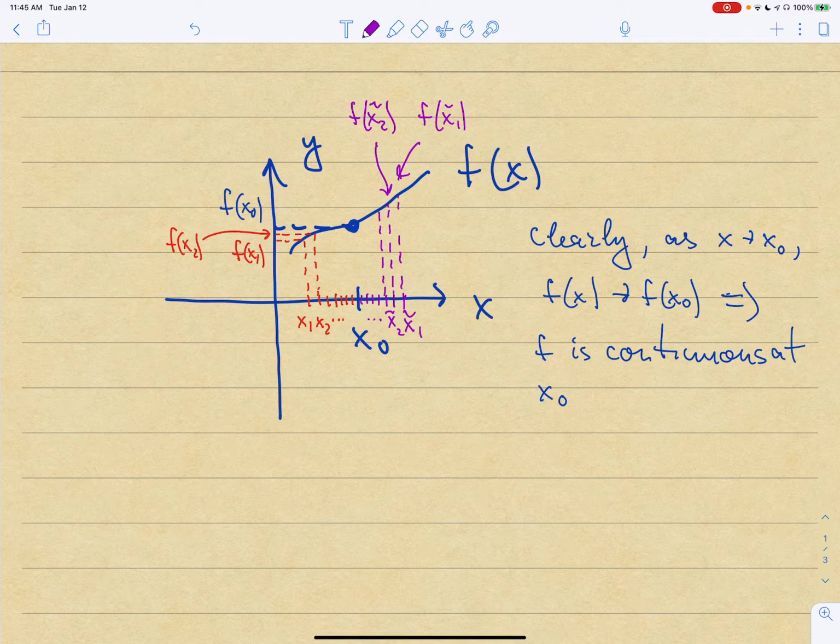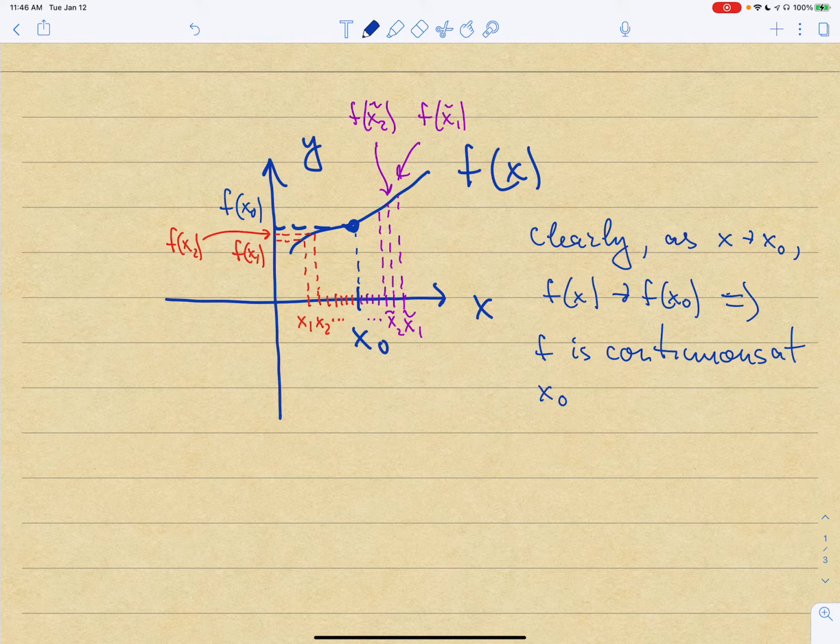So as x values go to x0 from above, you can see that f of xn values are going to converge to f of x0 from above as well. And so any sequence of xn which converges to x0 from above will generate a sequence of f of xn which converges to f of x0 from above.